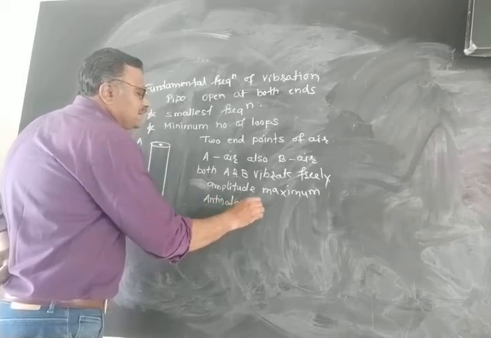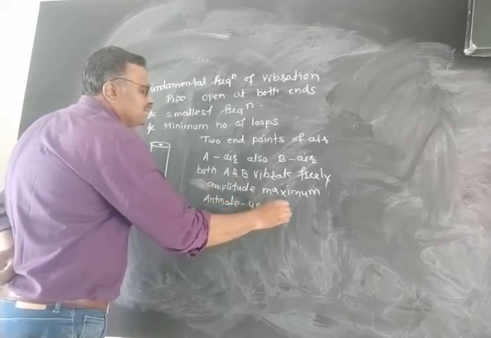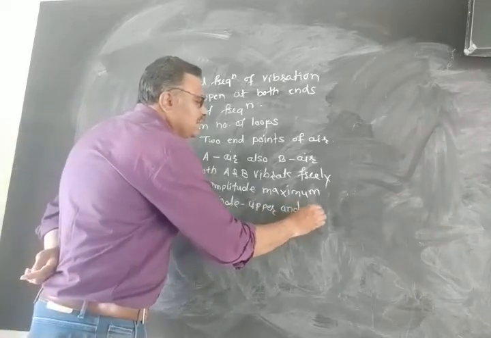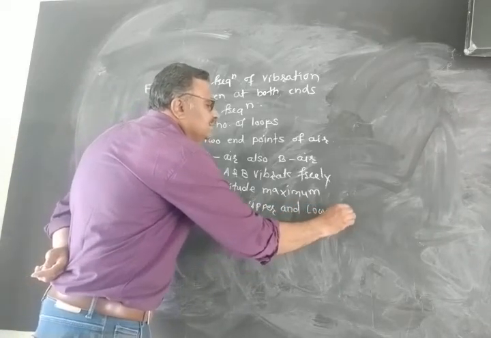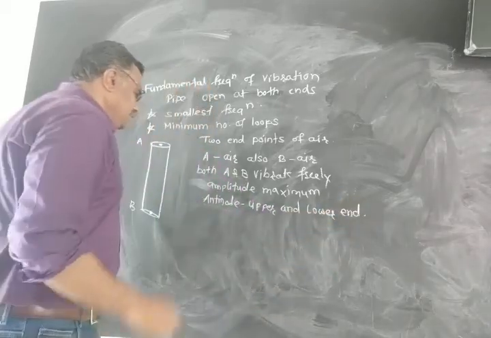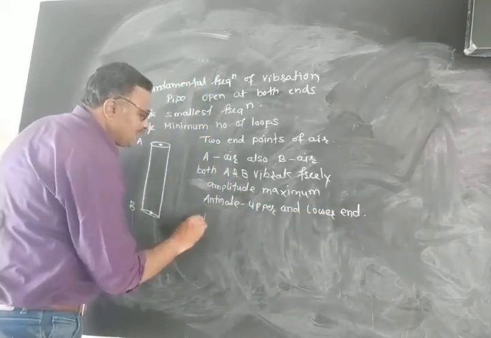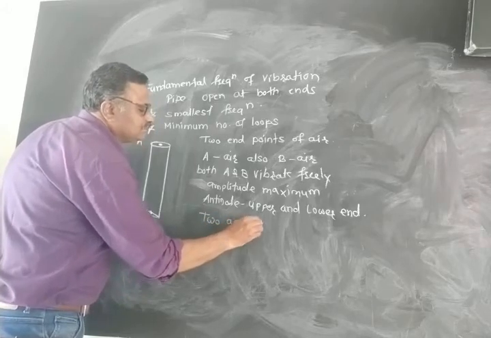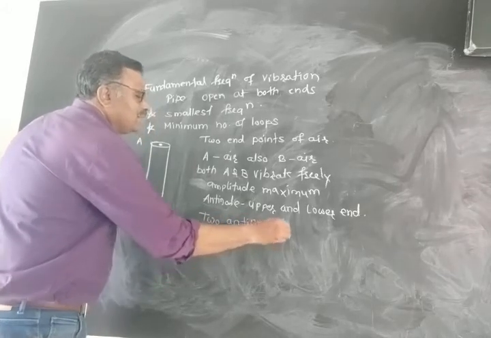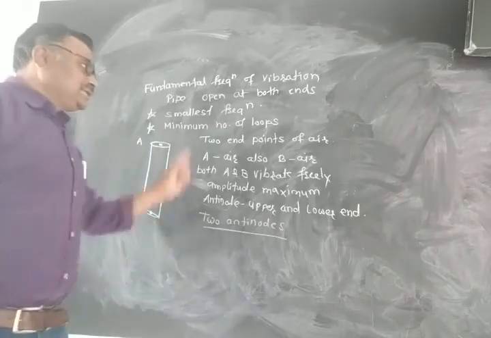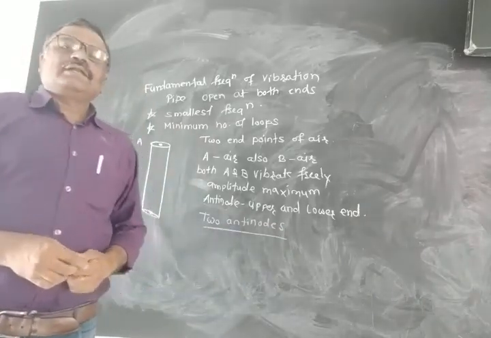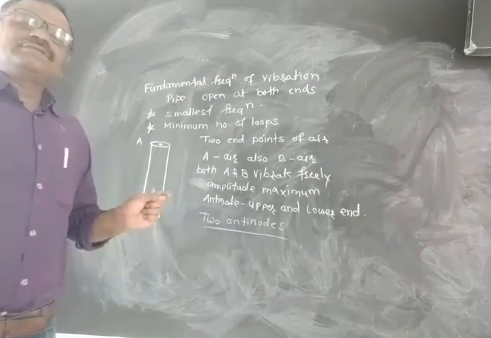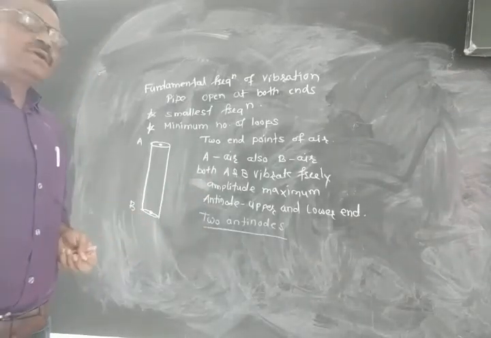An antinode is obtained at the upper end as well as at the lower end. That means two antinodes are obtained. This is the boundary condition.